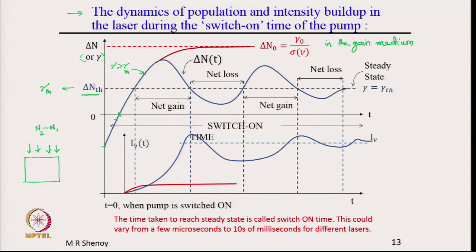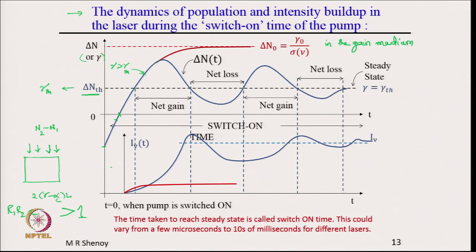When gamma is greater than gamma threshold, we remember that R1 into R2 into e to the power twice gamma minus alpha c into L is greater than 1. When gamma is greater than gamma threshold, we have this condition and therefore, the intensity starts building up.